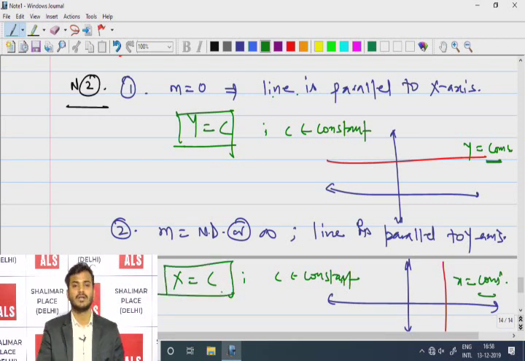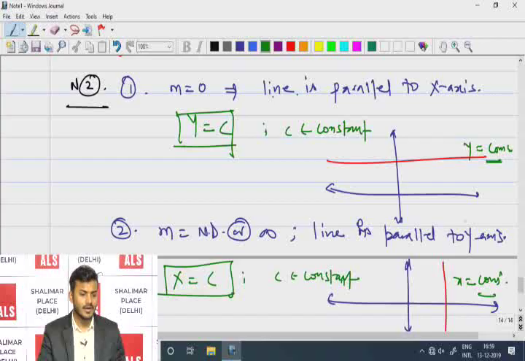That's your answer, right? So remember from now onward, if something is y equals 1, what is the line? y equals 1 means this is y equals 0, and this will be y equals 1 upside. If I say y equals minus 2, this is the x-axis, or y equals 0.